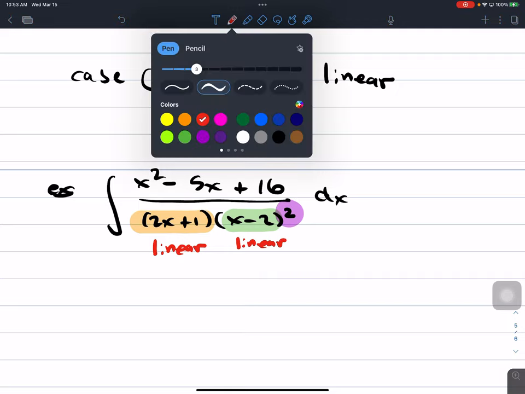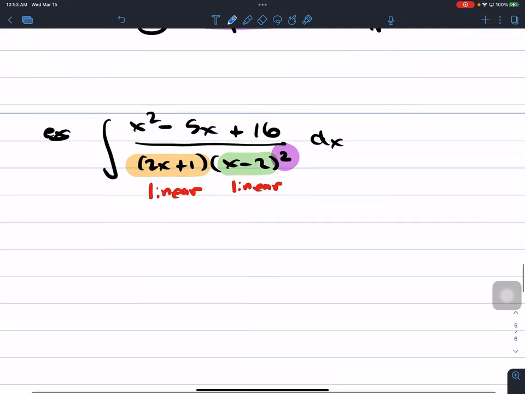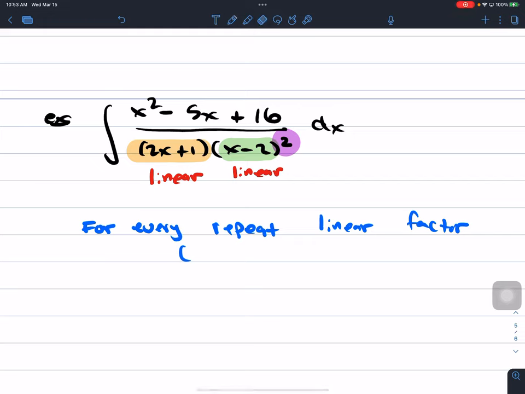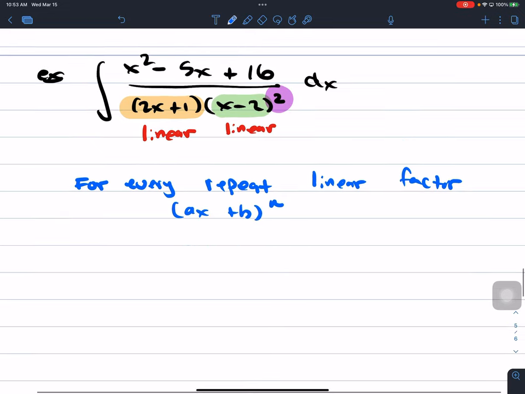Okay? All right. Now, here's what I'm going to say. I think this is what your book says. It says something like this. Here's what you guys want to do. For every repeat linear factor, you have, here's how they write it, ax plus b, to the nth power. This is repeated n times.